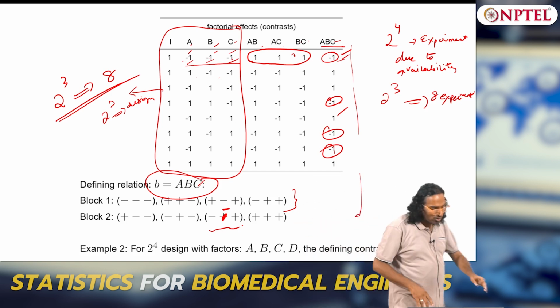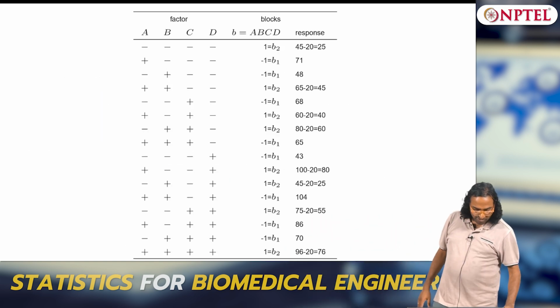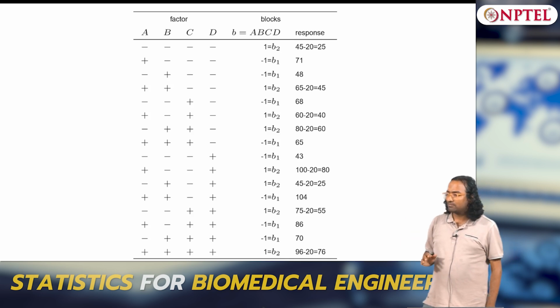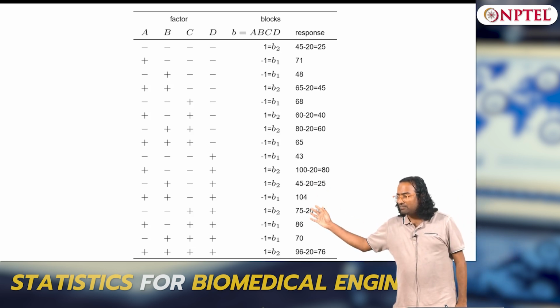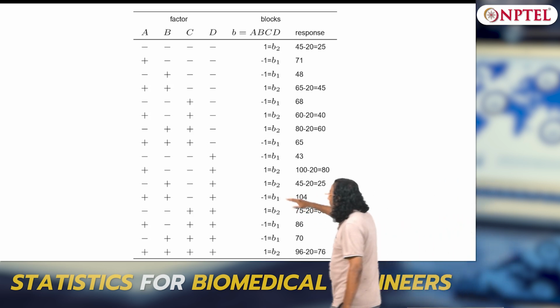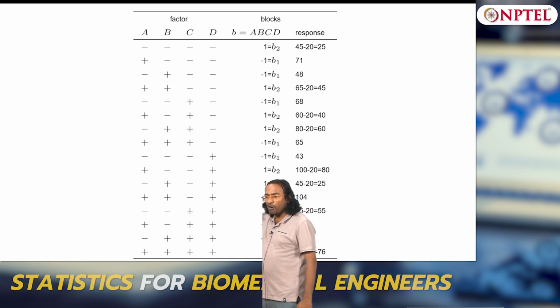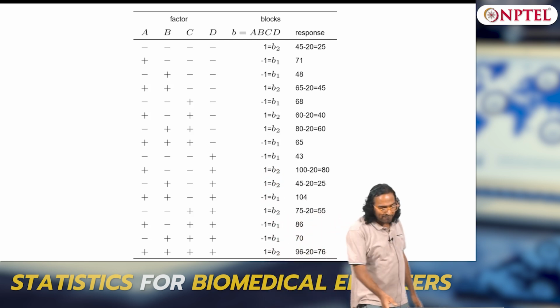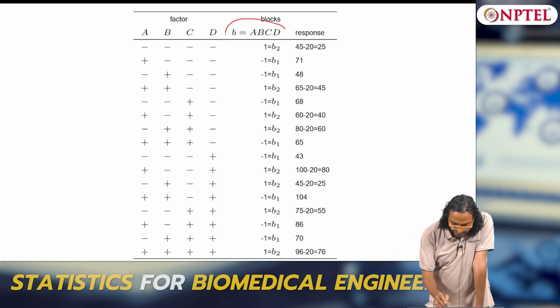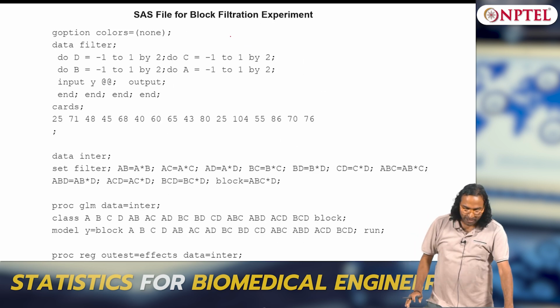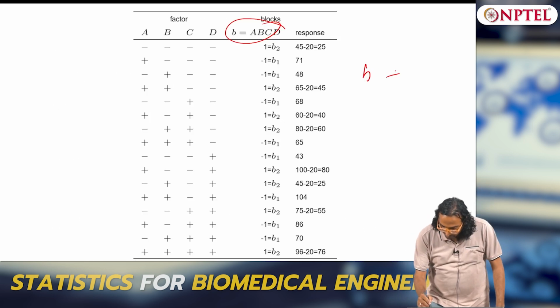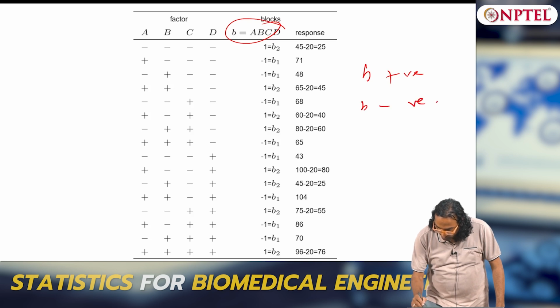So the other way to go about it is the following: you keep all the main effects constant, A, B, C, D. Okay, you have done A, B, C, D, keep all of them, and then define a factor B equals to A, B, C, D, and then define two kinds of blocks, B positive and B negative.